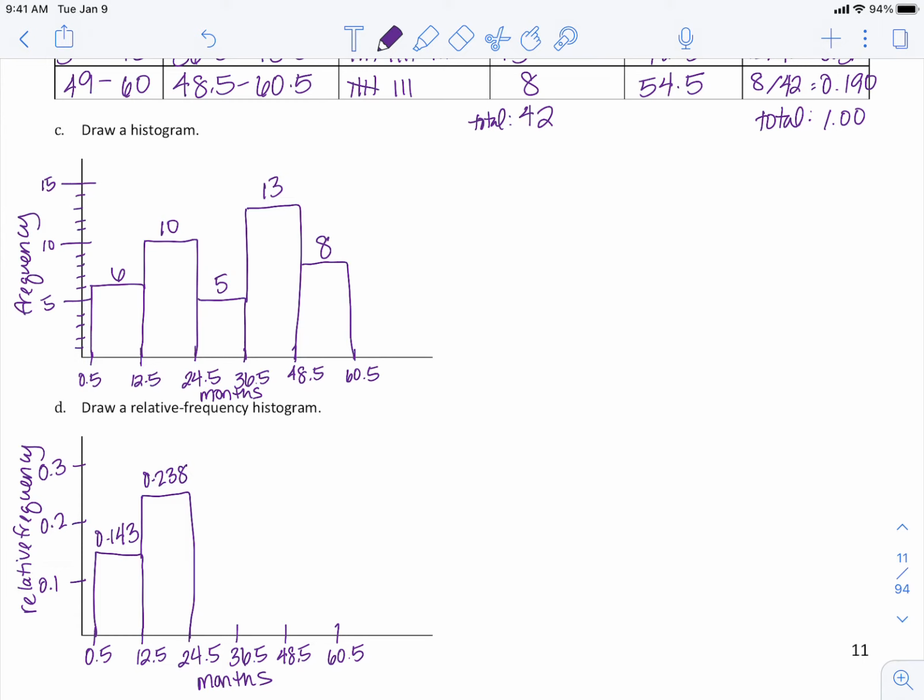Next is 0.119. Then 0.310. And last we have 0.190. Okay.